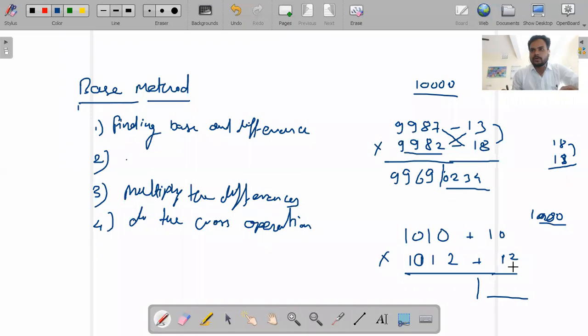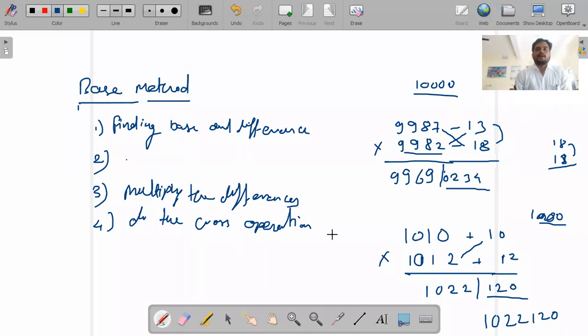So 10 into 12 is 120. Put 120 as it is. Now add these two because the plus sign is there. So 1012 plus 10 will be 1022. Write down the answer 1022120. This will be the product of these two numbers.